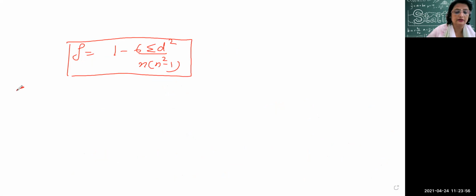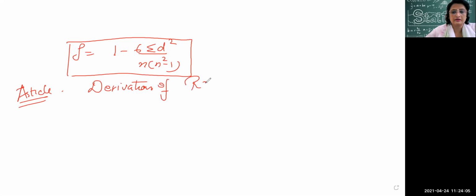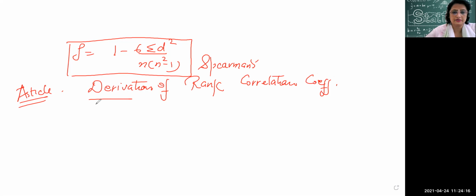You will write the theorem, or you can write the article: derivation of Spearman's rank correlation coefficient. Today we will do the derivation, right? So let's start the proof.